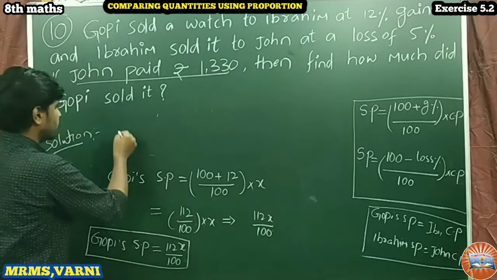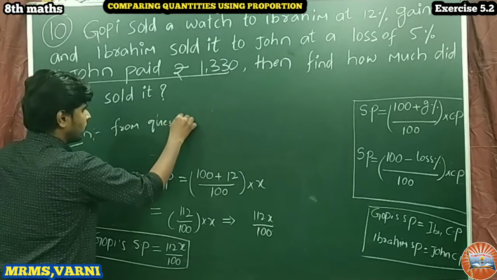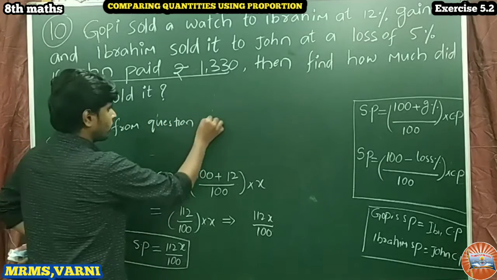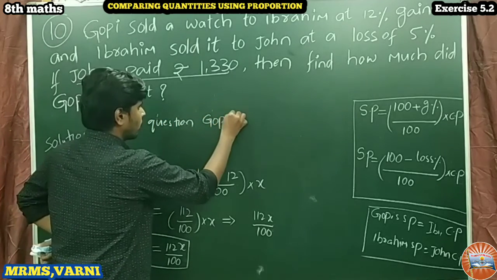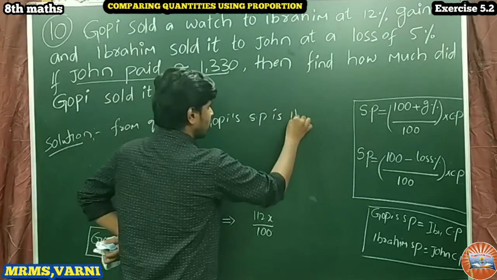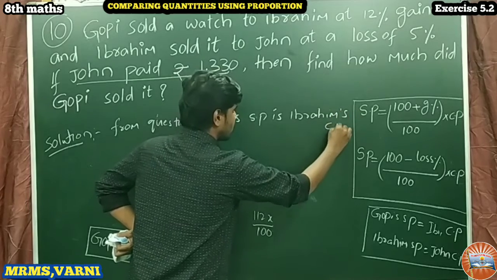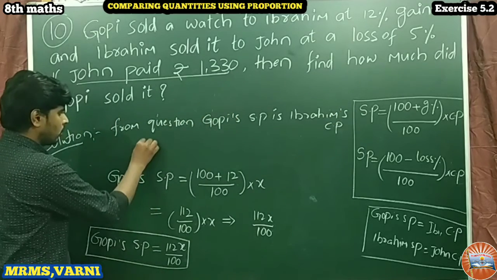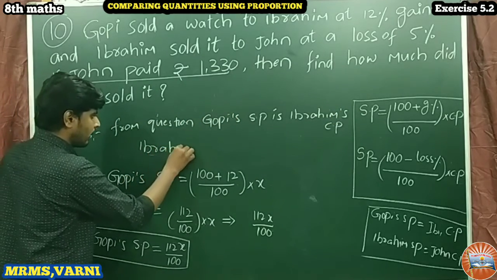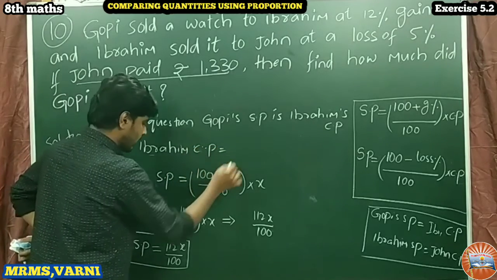So from question, Gopi's SP is Ibrahim's CP. Now Ibrahim's CP is equals to, what is that?